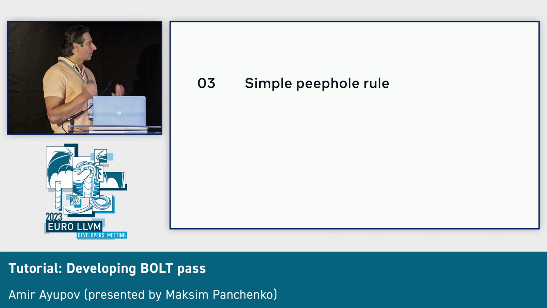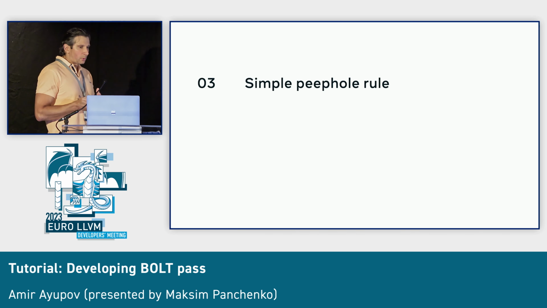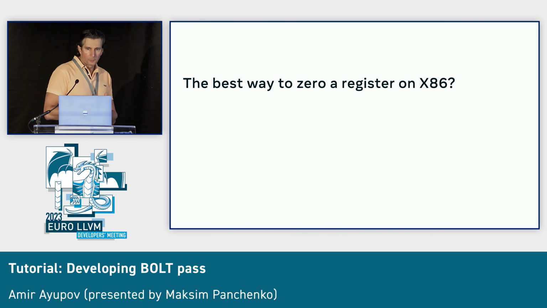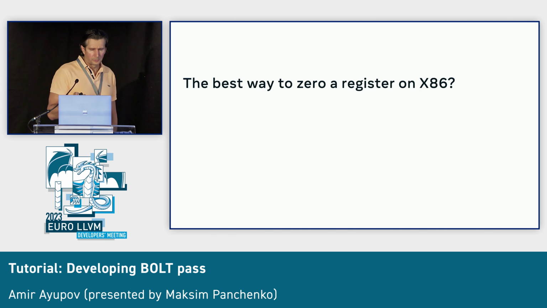So for this tutorial, let's design a simple peephole rule. The goal will be to do something more or less real and convert the existing instruction of zeroing a register on x86 into a different one.